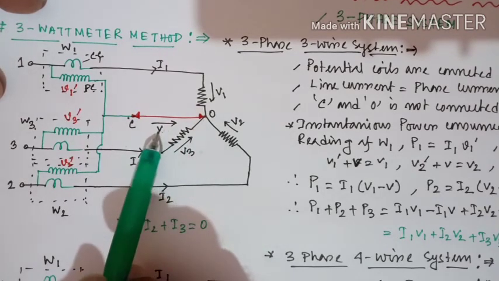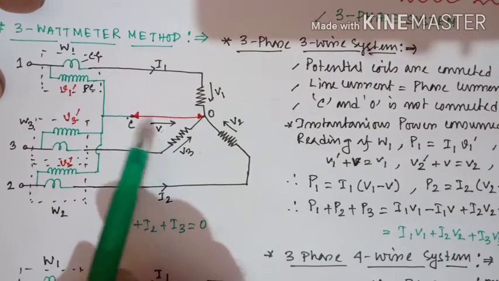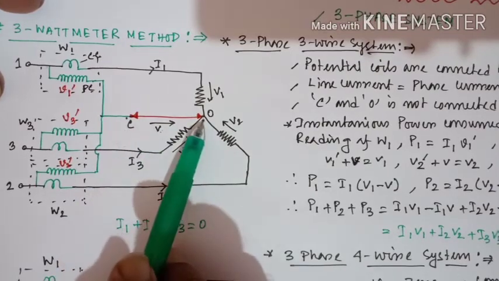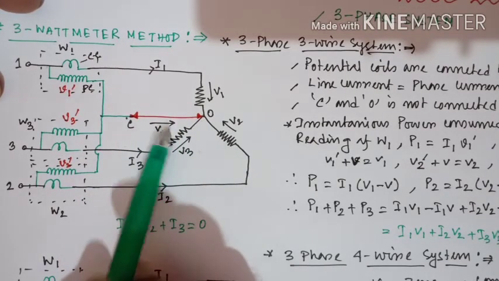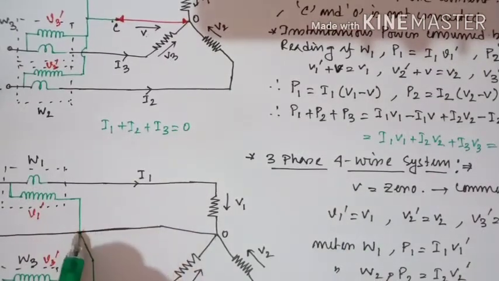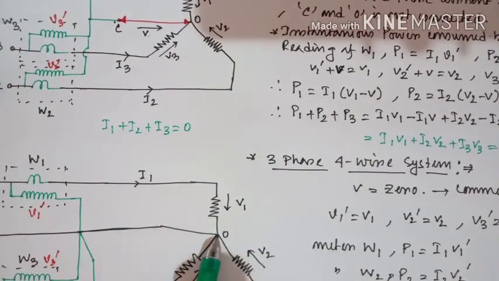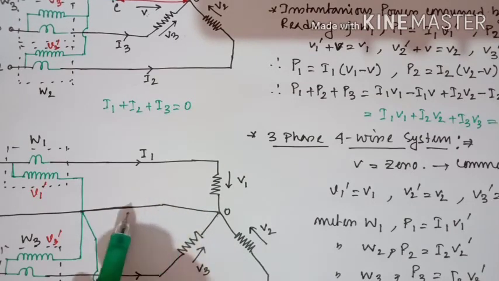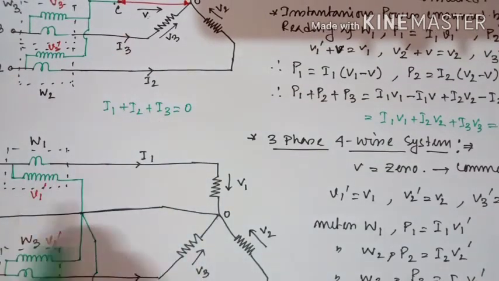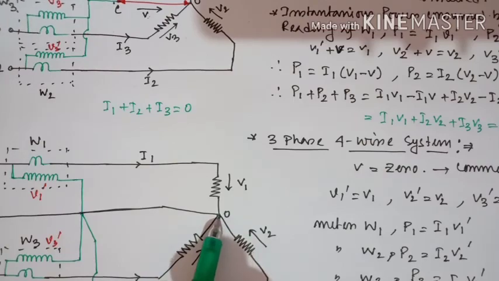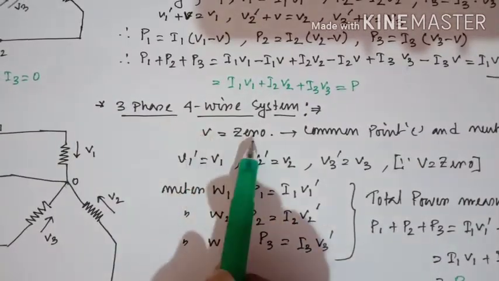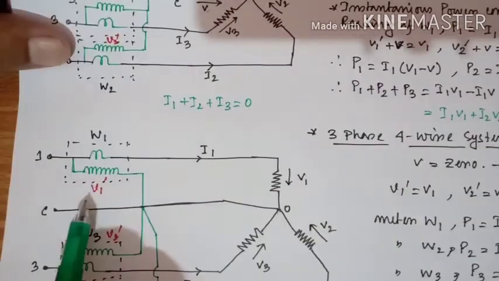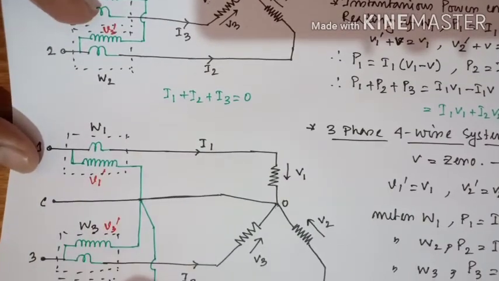So that is why the value of V, that is the voltage difference between common point and neutral point, was a non-zero value. But when we are connecting C and O and no such element is present between them, the voltage difference between C and O becomes 0. So that is why I have written V is equal to 0. What are V1 prime, V2 prime, V3 prime?